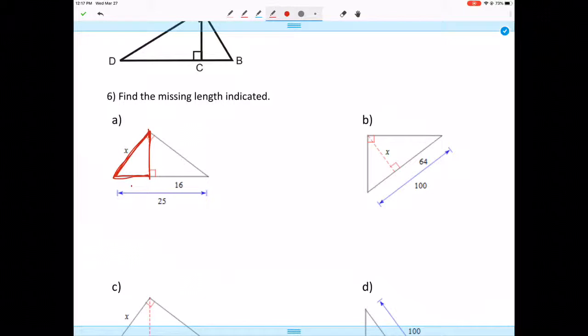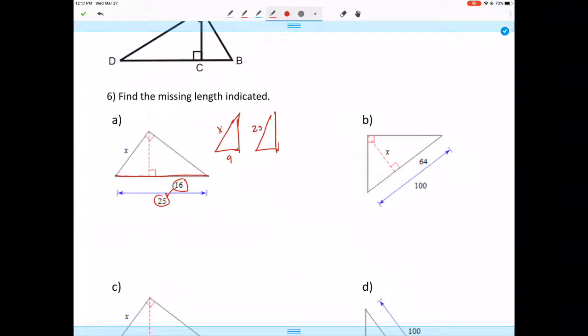But you need to know what this is, which you could do 25 minus 16, which gives us 9. So we'd have one triangle where we'd have x and 9. All right, and then we'd need one more triangle. Okay, we know that they're all similar anyway, so we just need to find one other. So we'd want to find one other triangle where we'd have a base and a hypotenuse. Okay, so the other could be, this is also a hypotenuse, so we could do 25, and then x would be the base.